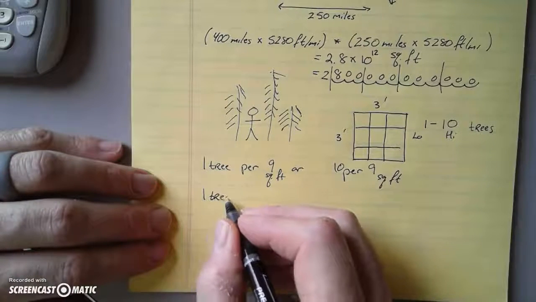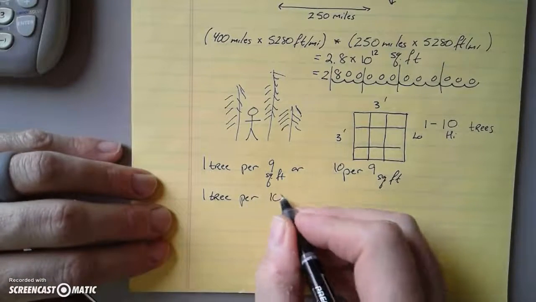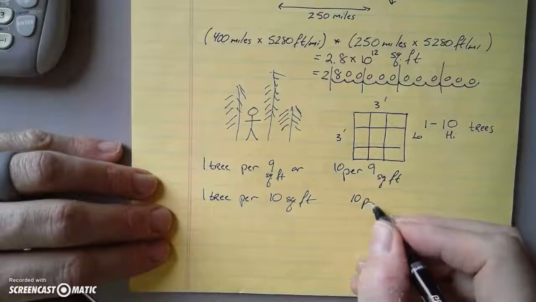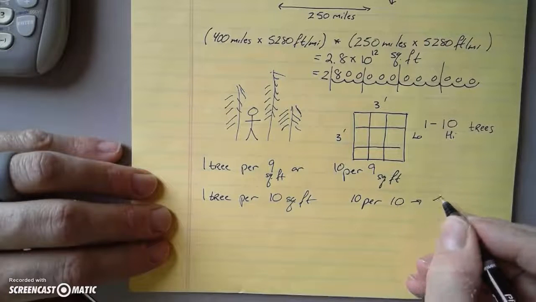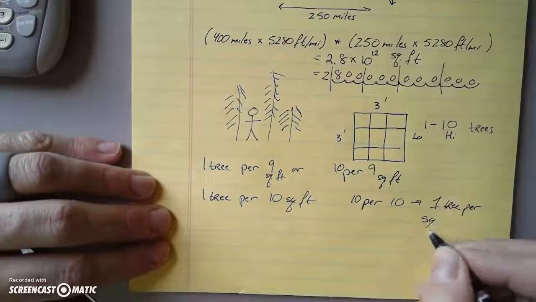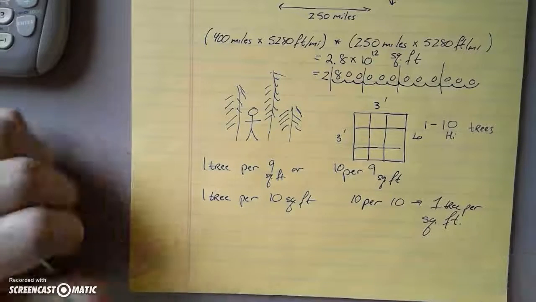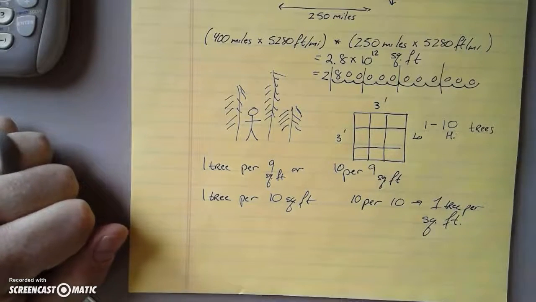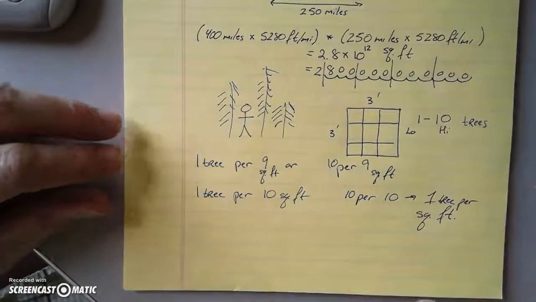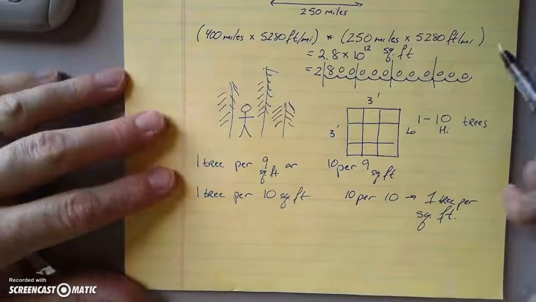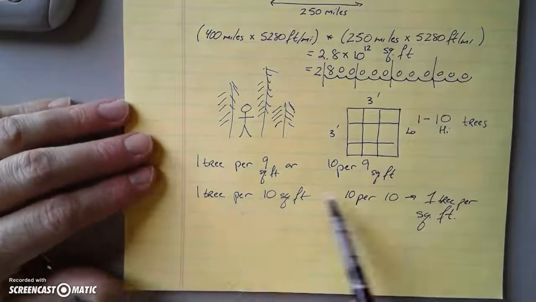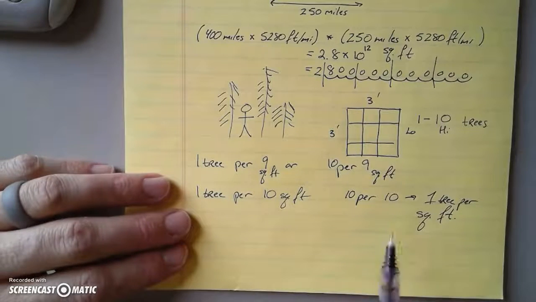So I'm going to say 1 tree per 10 square feet and 10 per 10, or 1 tree per square foot. So I'm not sure which one is the correct one. So this is my estimates. I have a size of Maine that I feel pretty good about, and then I have a lower and upper bound.